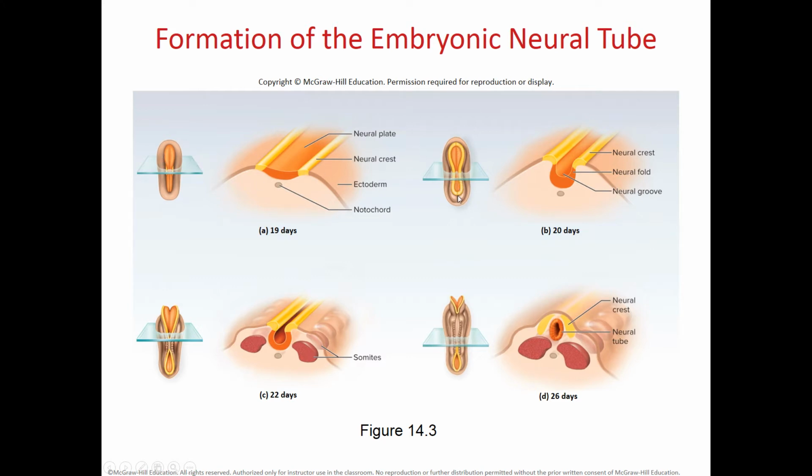So here you have, on this longitudinal view, the neural crest, and how it starts closing here in the middle, and then that closure will follow superiorly and inferiorly, or rostrally and caudally.